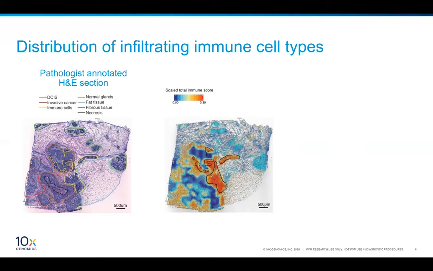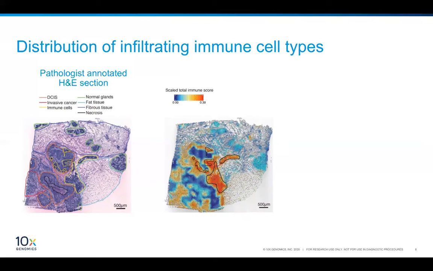In the middle, you can see the heat map based on gene expressions, showing what the authors call immune scores, which represents the intensity of immune cell-associated gene expressions across the same tissue slice. Red means relatively high expressions, and blue means relatively low expressions.